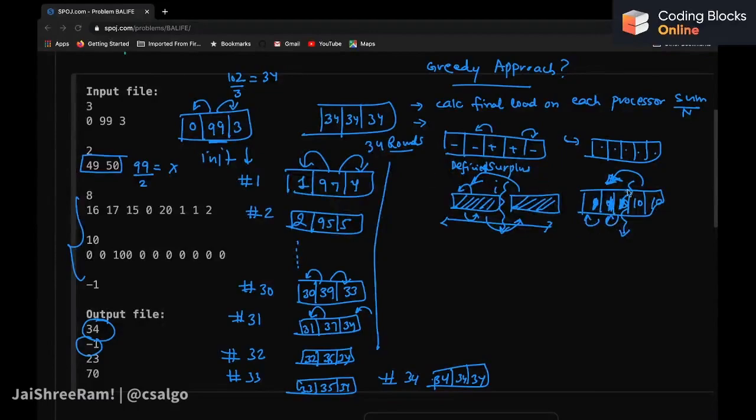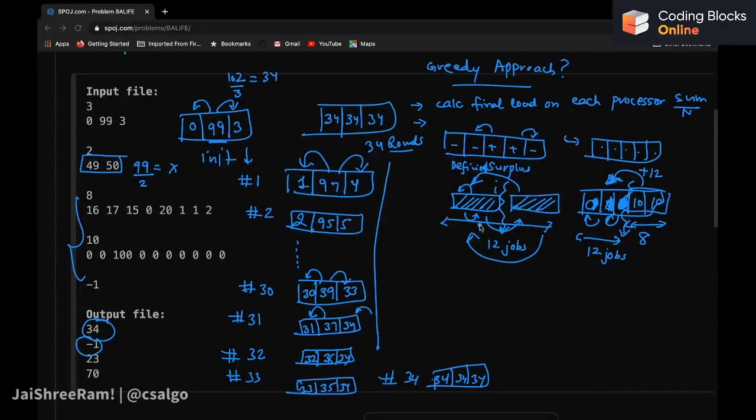So what I am trying to say here is, finally there should be 4 jobs in each cell, so finally there should be 8 jobs in this part and in this part of the array there should be 12 jobs. Which means if initially all the jobs are 0, you are transferring 12 jobs from this boundary to this part of the array.